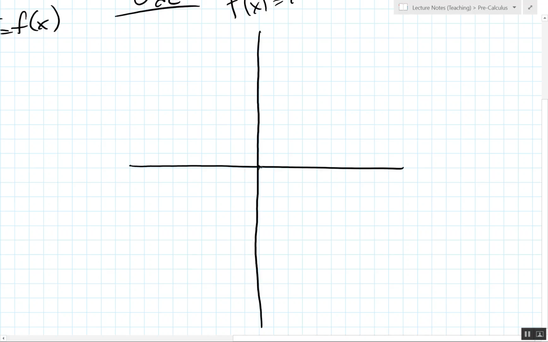So again, we'll have the origin, we'll have 1, 1, so we'll just leave these squares be 1 this time. So we have 0, 0, 1, 1, and negative 1, negative 1, and then 2 will go all the way up to 8, so 2, 4, 6, 8. This will be 2, 8, and then we'll have to go down to negative 8 over here, so this is negative 2, negative 8.